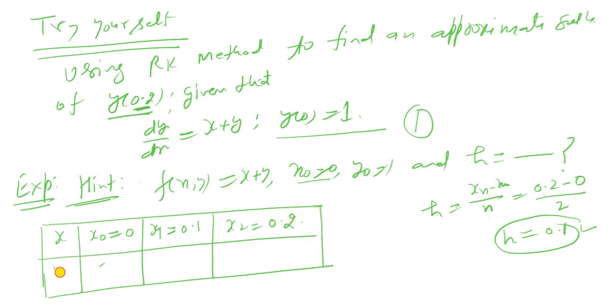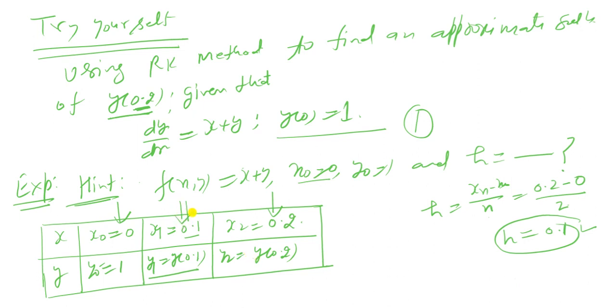Now for y, initially y0 is 1, y1 means y of x1, that is y(0.1), and y2 is y(0.2). In step 1 we compute y1 by using the initial conditions, then in step 2 we compute y2 by using this condition.